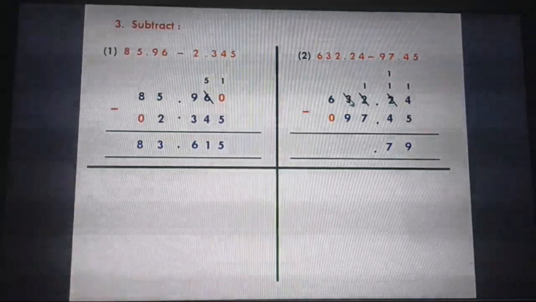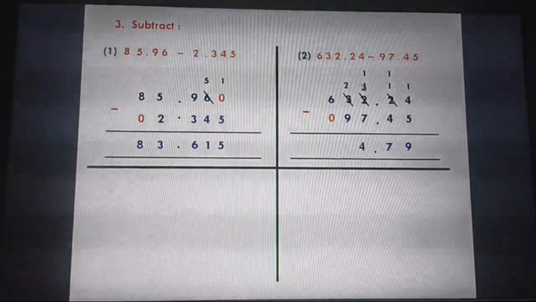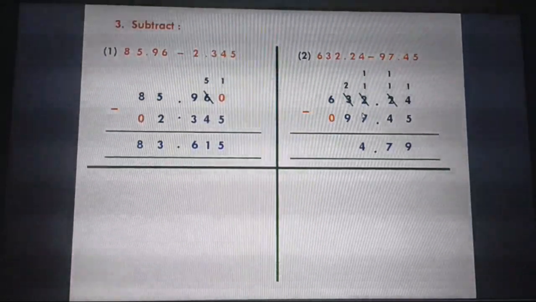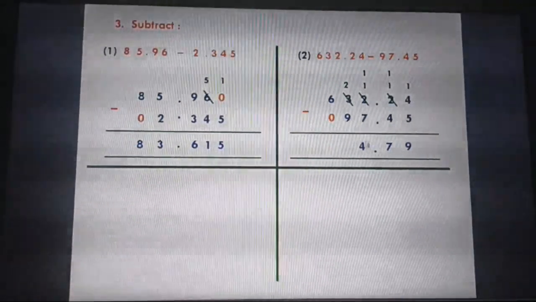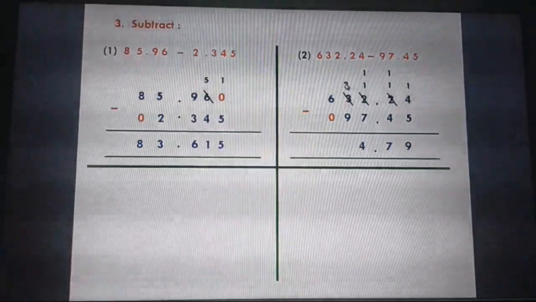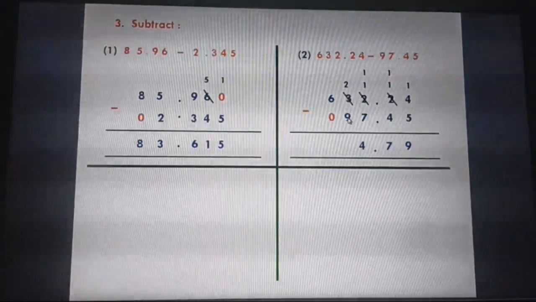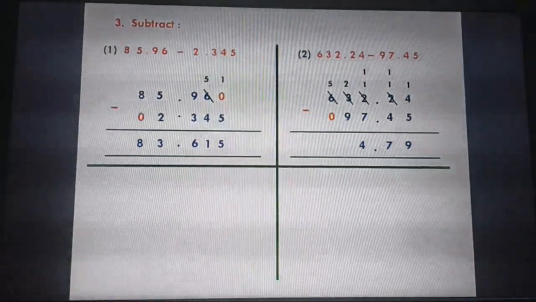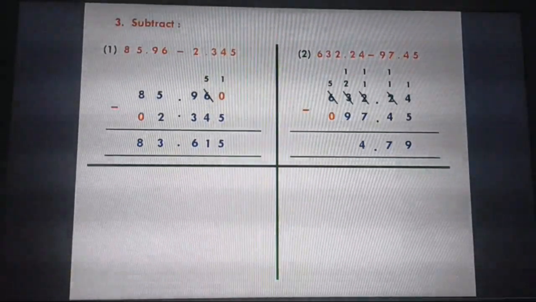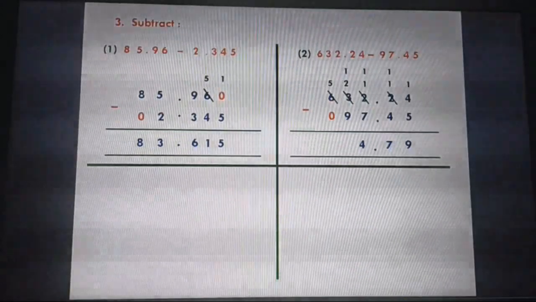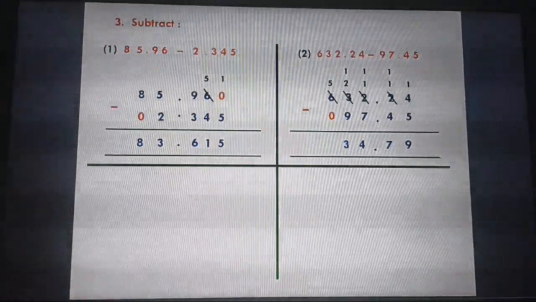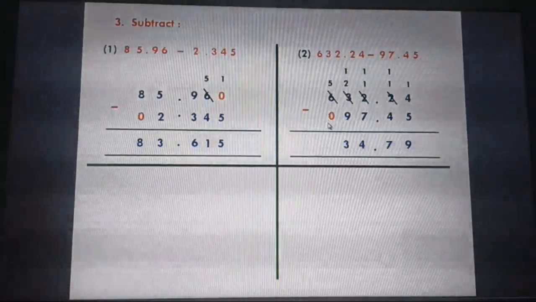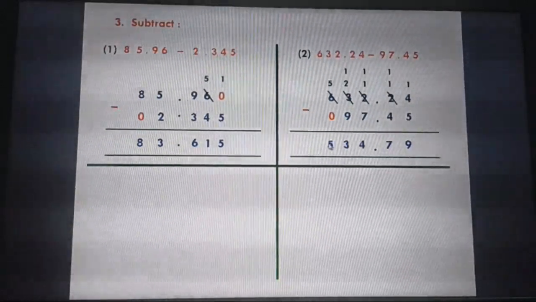Now this 3 will become 2 and this will become 11. 11 minus 7 equal to 4. Now again you see 2 minus 9 not possible. Again I will borrow from here. This will become 5 and this will become 12. 12 minus 9 equal to 3, and here 5 minus 0 equal to 5.